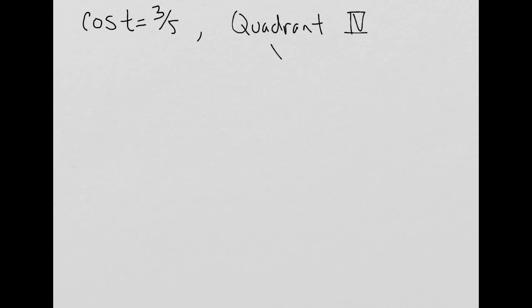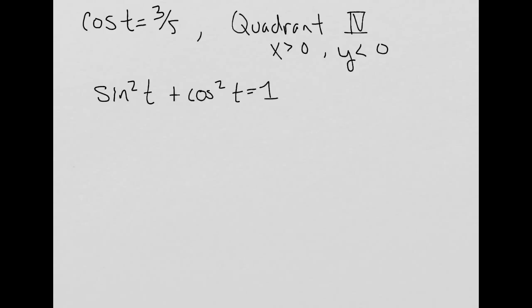So if I'm in quadrant 4, my x values should be greater than 0, my y values should be less than 0. Now I know that sine squared of t plus cosine squared of t is equal to 1, and I can use that to find the value of the sine.